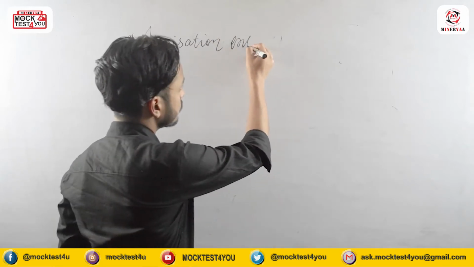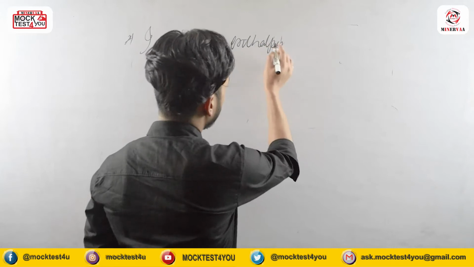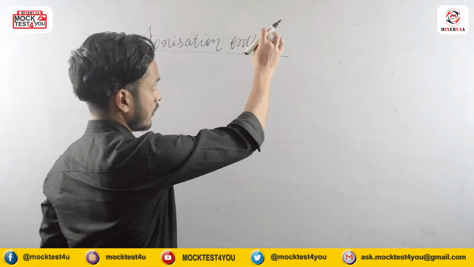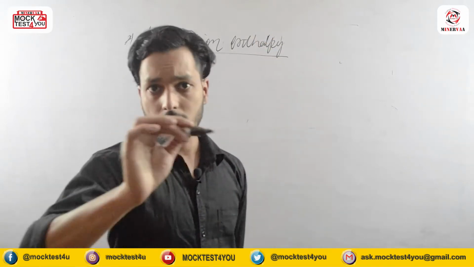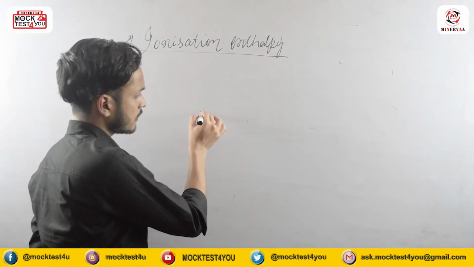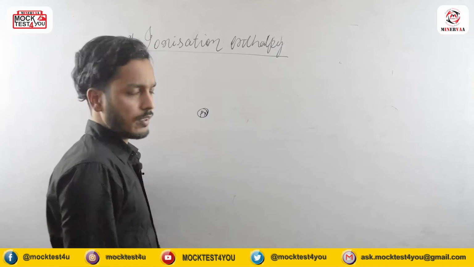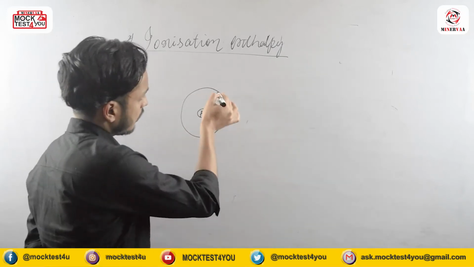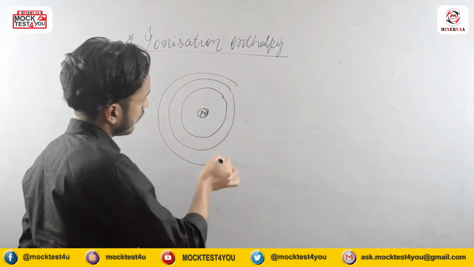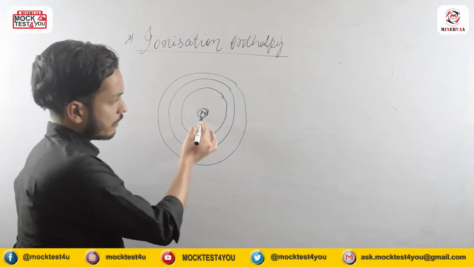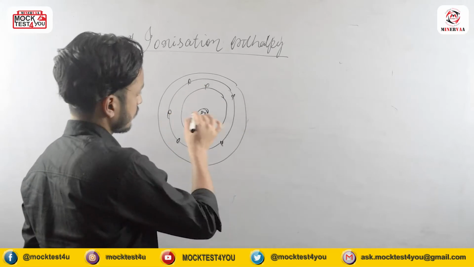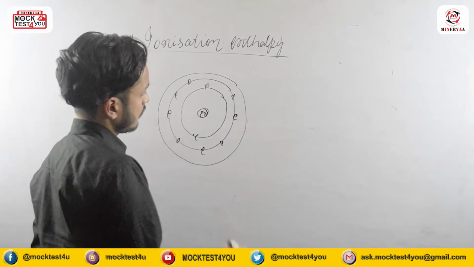Ionization energy or ionization enthalpy. Now we will see what ionization enthalpy and ionization energy are. I will give you a very simple concept about this. Suppose this is a proton and neutron, and this is an orbit or shell. This is not actually like this, but we are taking it as an example.